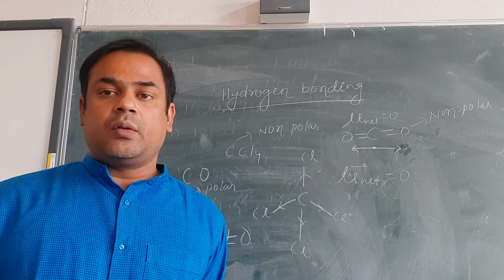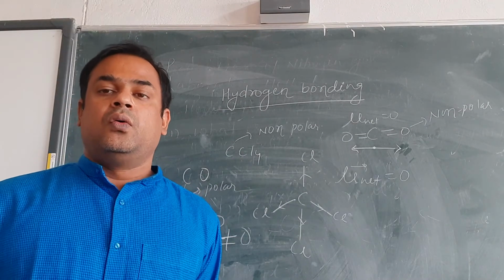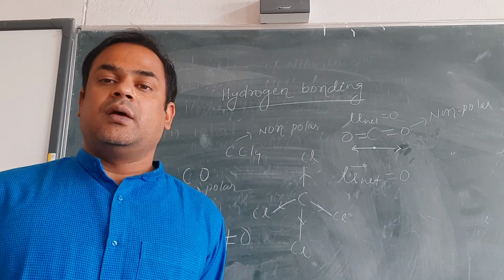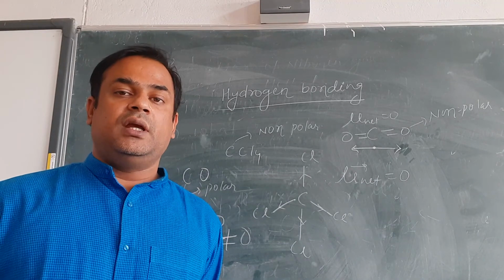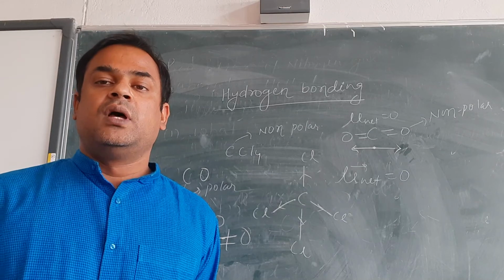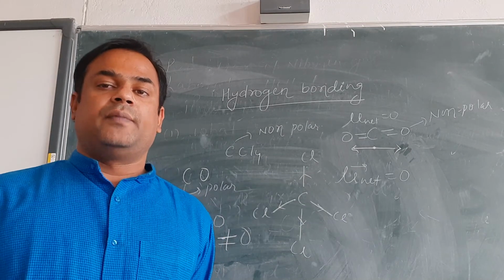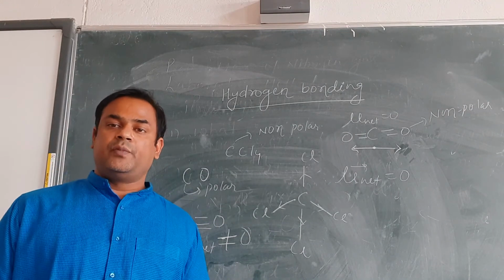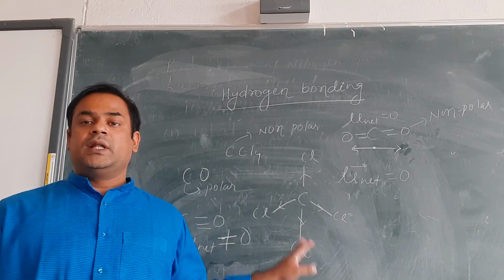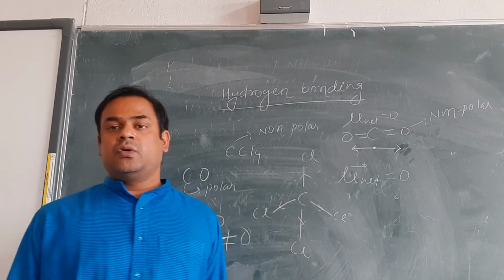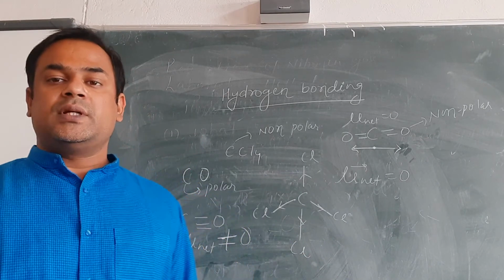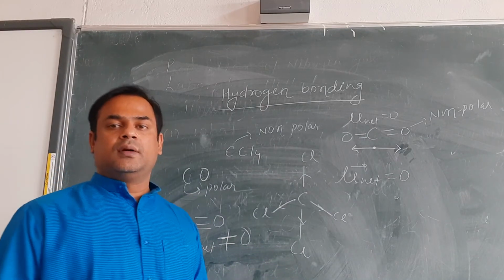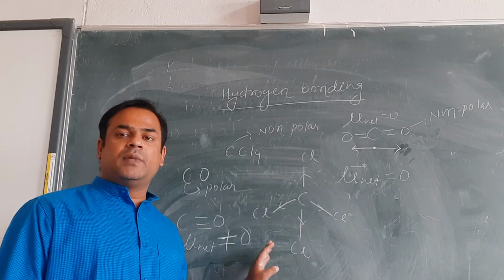Usually all homoatomic molecules, such as O2 and N2, which have electronegativity difference 0, will be non-polar. But if an electronegativity difference exists, then the molecule may or may not be polar. It will be polar when the net dipole moment is not equal to 0. But if the net dipole moment is equal to 0, it will be non-polar. So this was the concept of dipole moment.